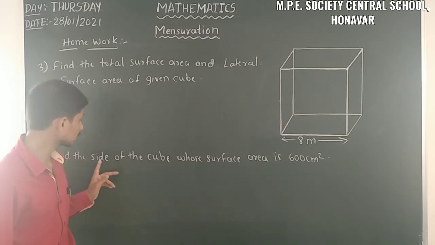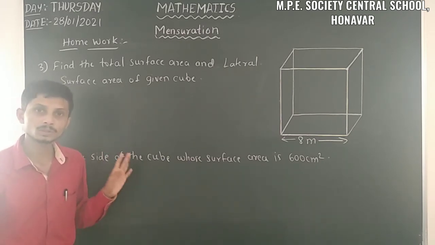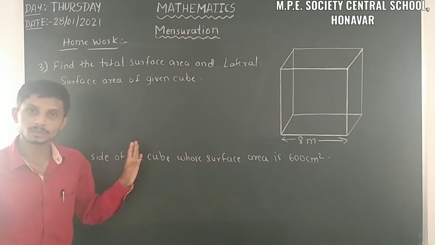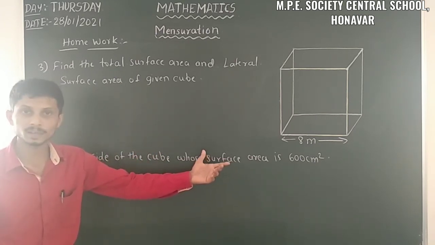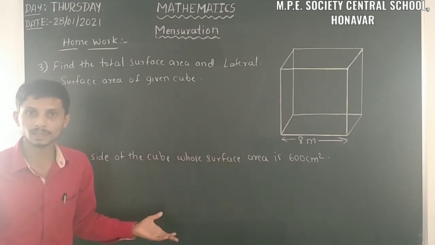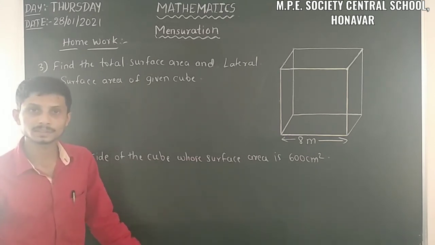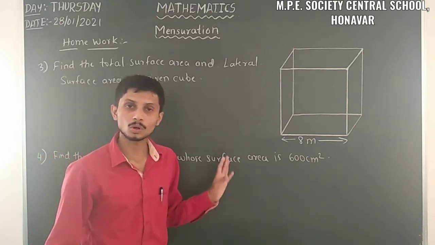Then we have to find the side, that is the edge of the cube, both are the same. Firstly write the formula, insert the total surface area, then transpose and take the square root. We can get the answer. It is easy for you. So solve these two problems.